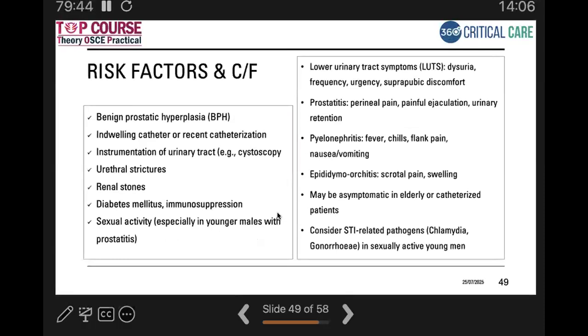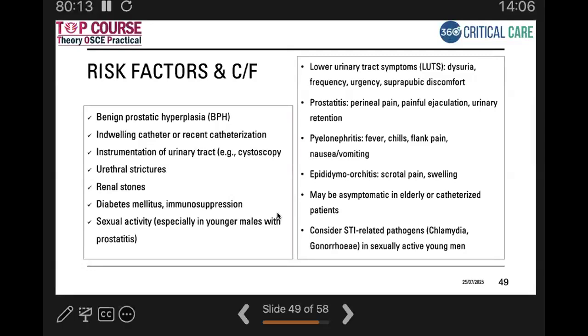Instrumentation of the urinary tract: when they have LUTS, like lower urinary tract obstruction, usually we subject them to dynamic studies and cystoscopy, which could be a risk factor for urinary tract infection. Strictures are a very common situation in men, so urethral strictures in elderly age could be a problematic underlying risk factor. Renal stones, and as usual, the common diabetes mellitus and immunosuppression risk factors for common UTIs.